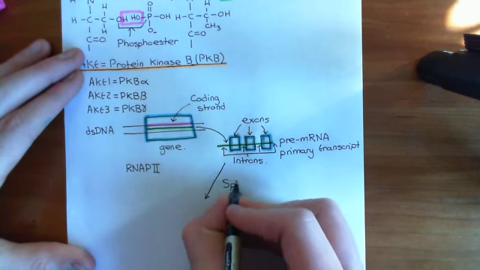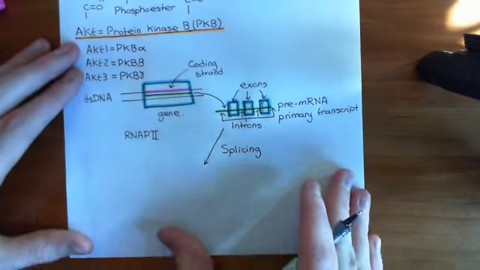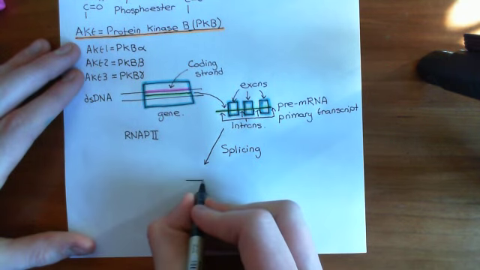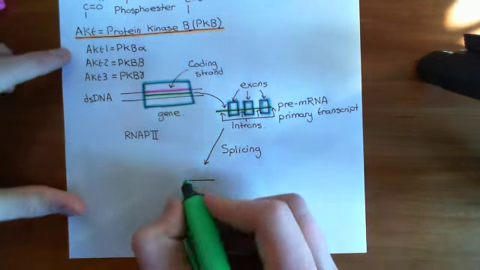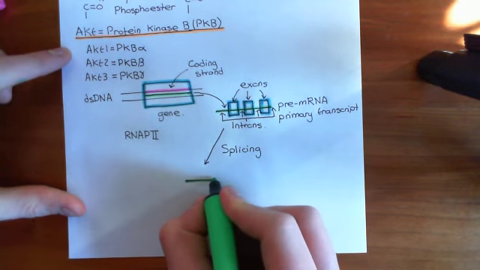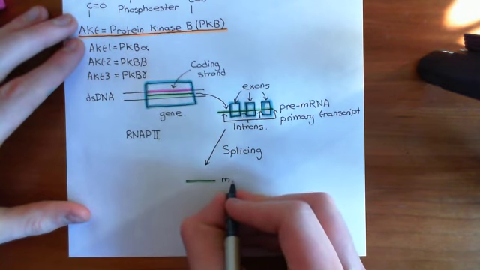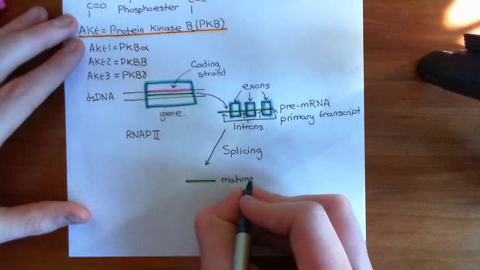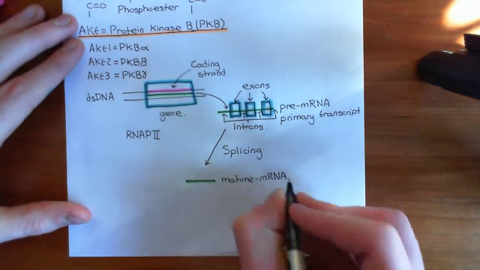This process of cutting out the introns and stitching the exons back together is known as splicing, and it will produce a smaller piece of mRNA, shown here, which will just consist of the exons put back together. This final piece of mRNA that's now ready to be translated is called a mature mRNA.